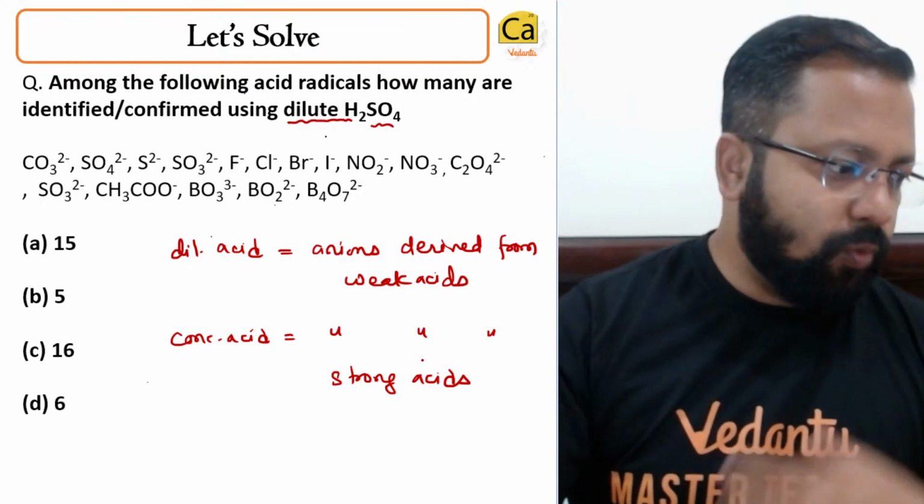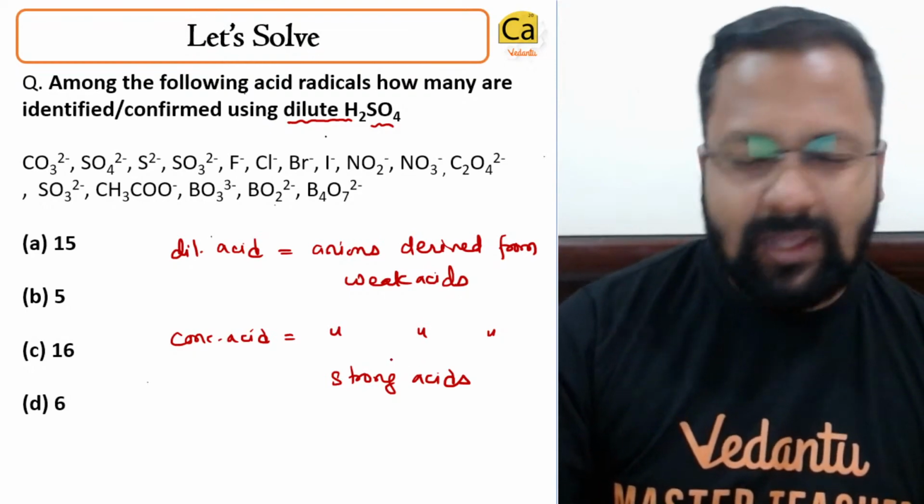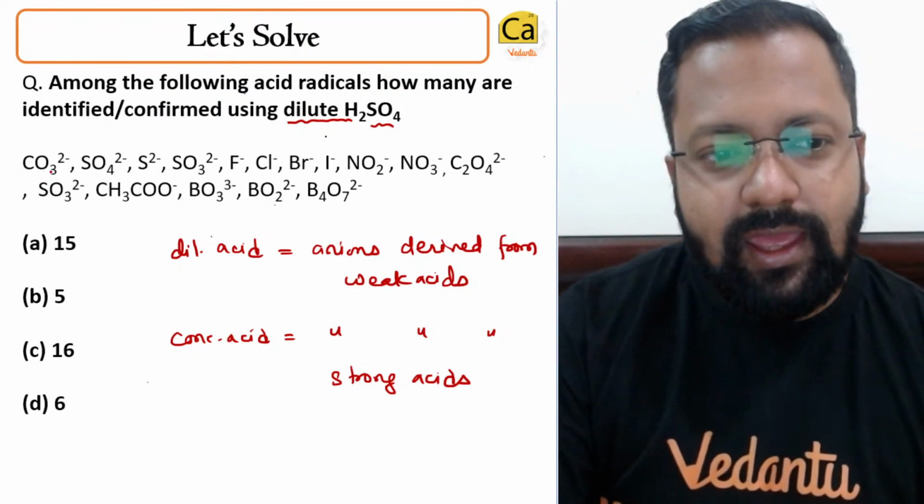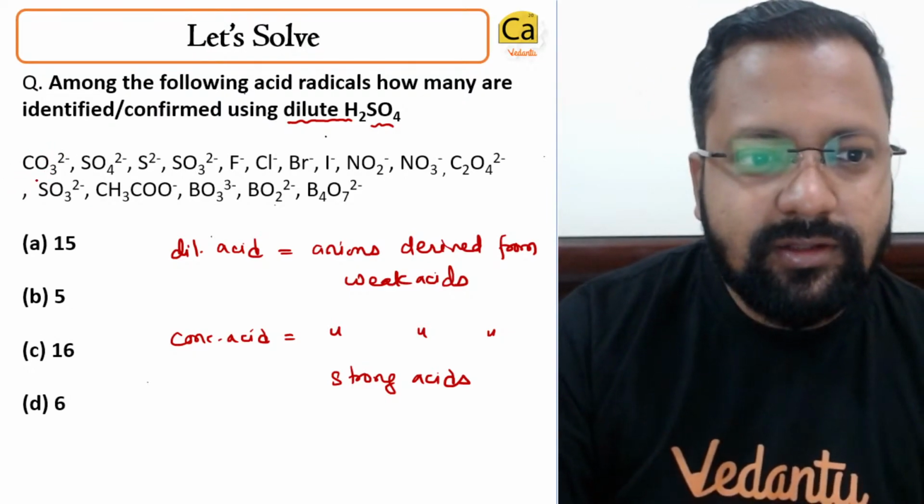Now which anions are derived from weak acids? A weak acid कौन से होंगे? Carbonic acid.